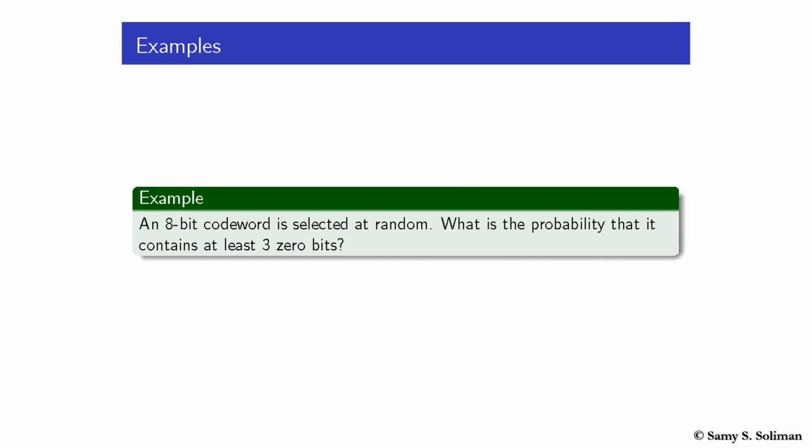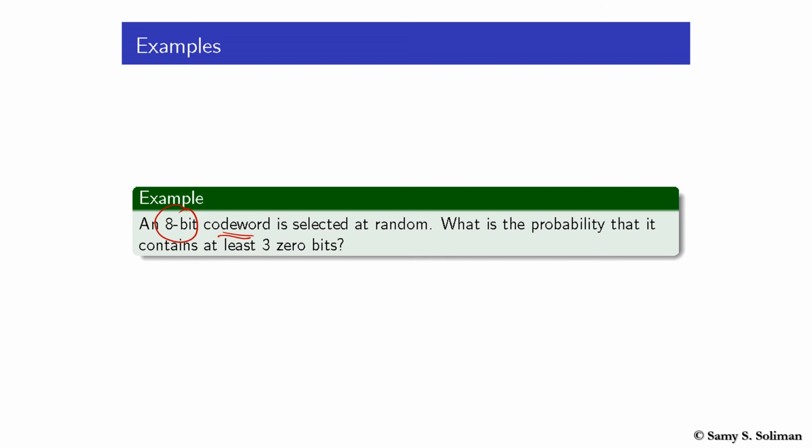Another example, we have an 8-bit code word which is selected at random. So 8-bit code word means that we have a single byte, and as we know, a byte is composed of 8 bits, and each bit can be either 0 or 1. So how many possible code words can we have out of 8 bits?